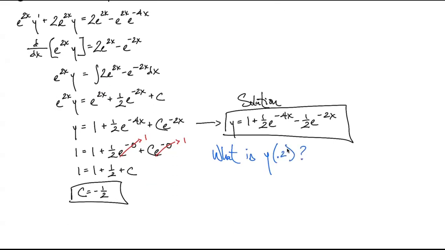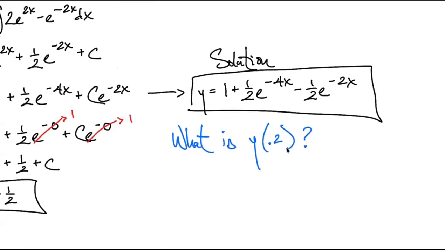And what I mean by that is, what value is y when I plug in a 0.2 for everywhere I see an x? So that means I have y equals 1 plus 1/2 e to the negative 4 times 0.2 minus 1/2 e to the negative 2 times 0.2.